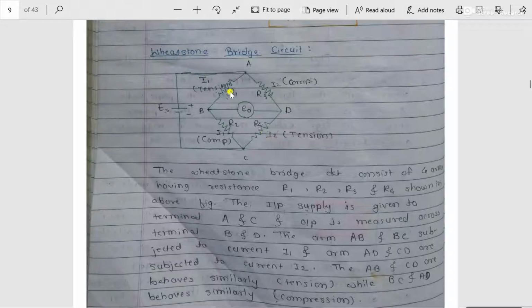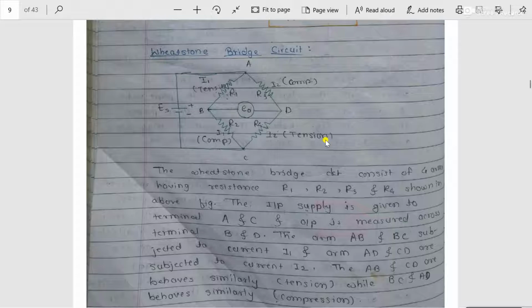Arm number 1 and arm number 2 are adjacent to each other, but they do not behave similarly, because arm 1 is subjected to tension and arm 2 is subjected to compression. Similarly, arm number 3 and arm number 4 are adjacent to each other, not in front of each other, therefore they behave oppositely: arm 3 is subjected to compression, and arm 4 is subjected to tension. So this is the basic construction of the Wheatstone bridge circuit.